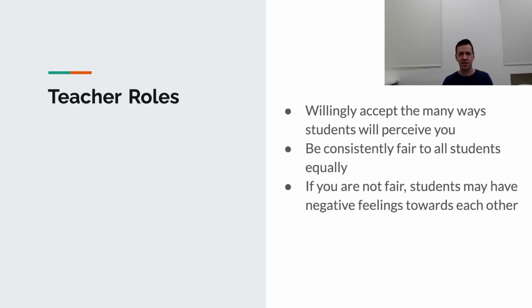Not everyone is going to see you the same way. But be consistently fair to all students equally. This one is very important. It doesn't matter if they like you or don't like you. You have to be fair to everyone. Don't be petty. If you're not fair, students will have negative feelings toward you and also toward each other. The one that you're nicer to, people will start to treat that student in an unfair way.